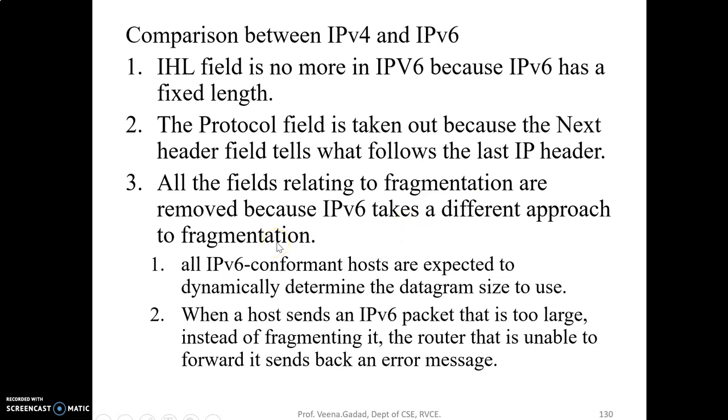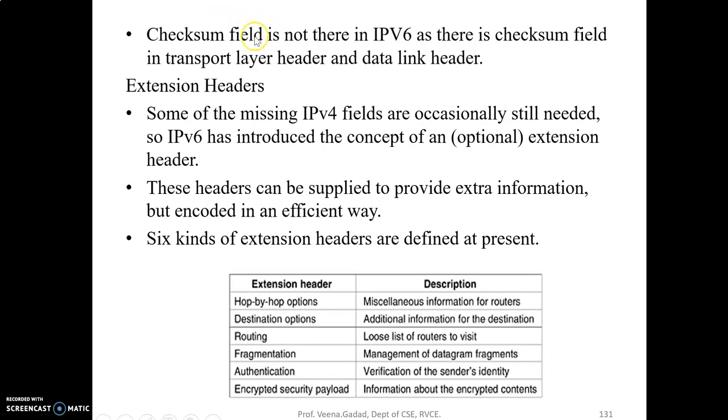Hopefully when we discussed fragmentation, I covered this: it is left to the host to fragment the packet as per the lowest required segment length and forward it across. The checksum field is also not there in IPv6 because the upper layer, the transport layer, and the lower layer, the data link layer, take care of checksum.